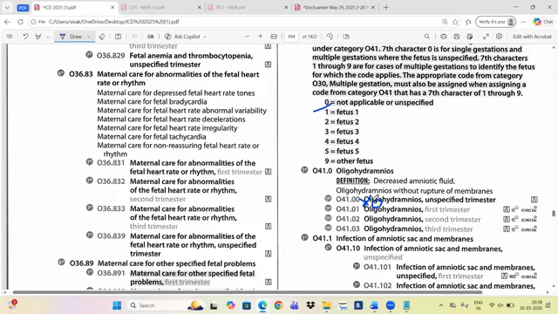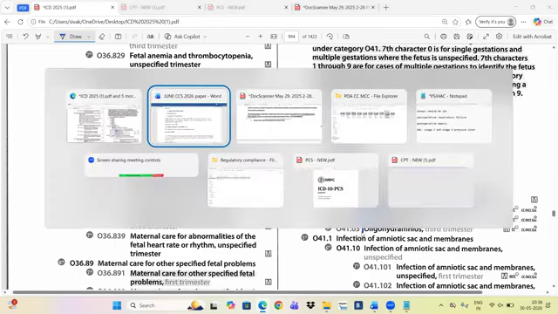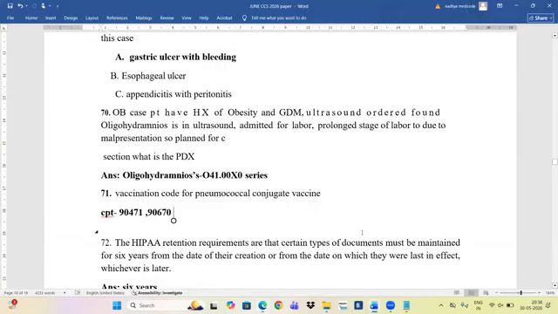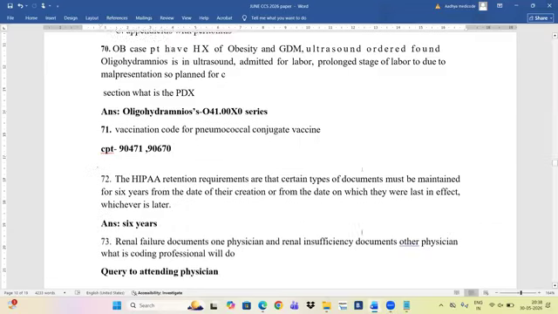Suppose if they mentioned weeks of gestation, based on that you will get the trimester code. 1 to 14, 14 to 28, 28 to delivery. Based on weeks of gestation, you will get the trimester. Able to find the oligohydramnios code? Yes, sir.